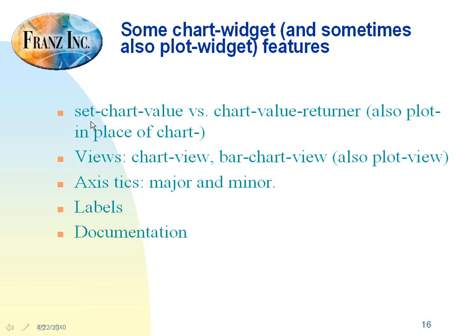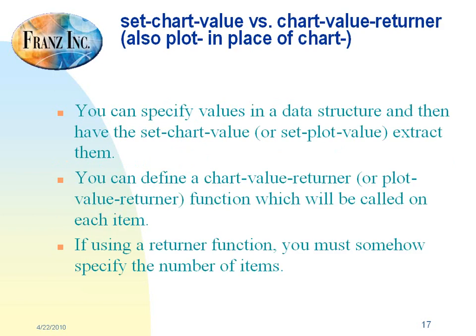The difference between setting the value and using a returner function, some discussion of the different views, some discussion of axes and how they get labeled, some discussion of the other labels that appear, and then we're going to finish telling you where the documentation is for these 2 widgets.